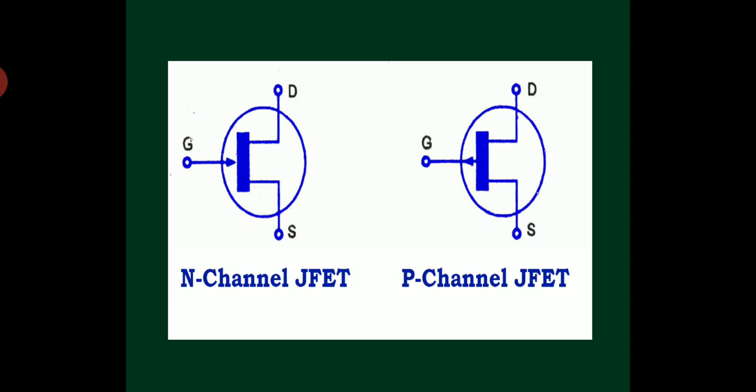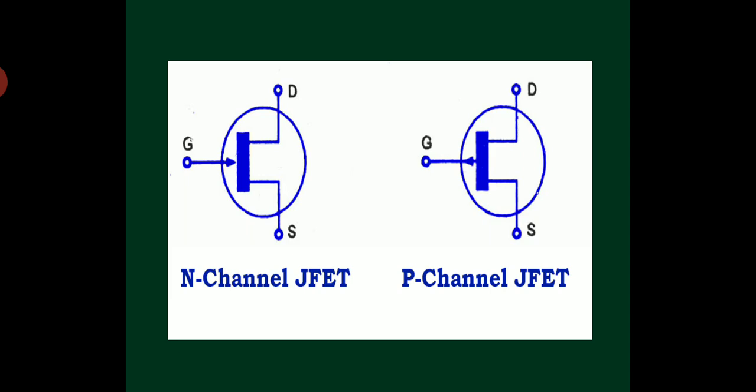So in BJT, bipolar junction transistor, output current always depends on input current, right?